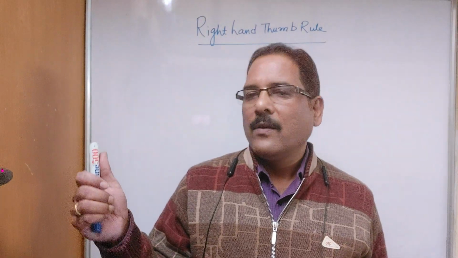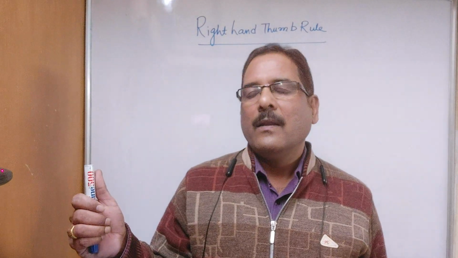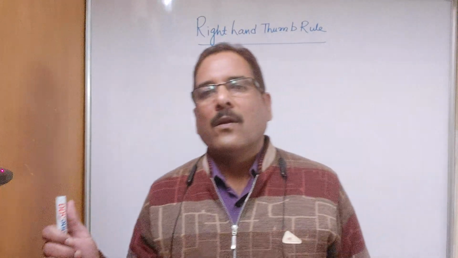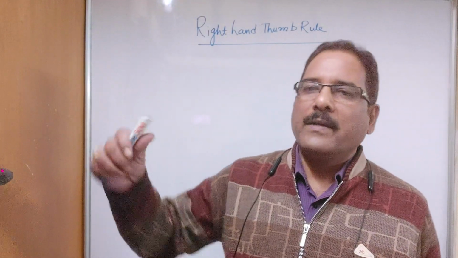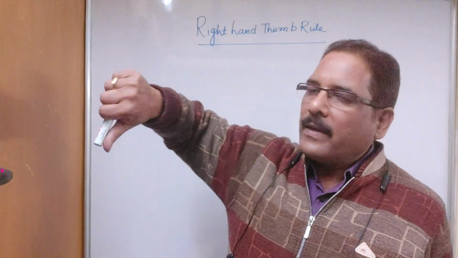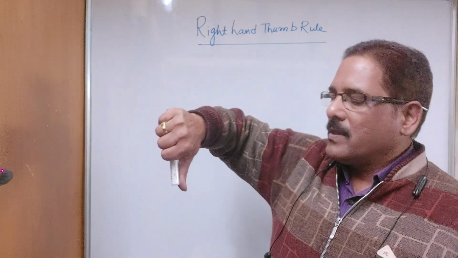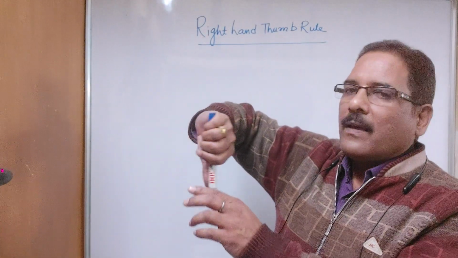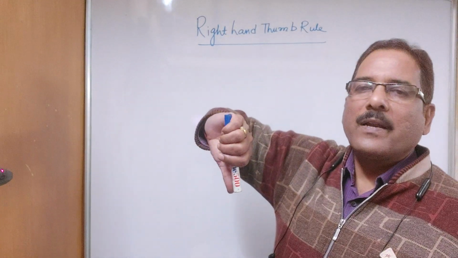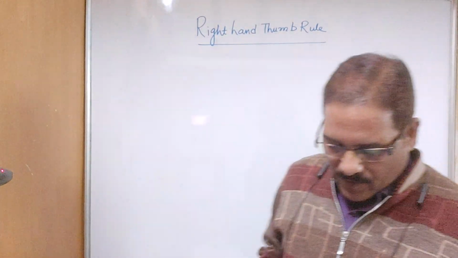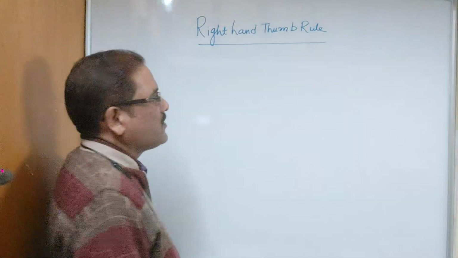Initially, when my thumb is in upward direction, the fingers wrap in anti-clockwise direction. But if I change the direction of current, suppose I hold it so that the thumb is downwards, showing the direction of current, then the fingers are clockwise, and this shows the direction of magnetic field. So first, what is the purpose of this rule?